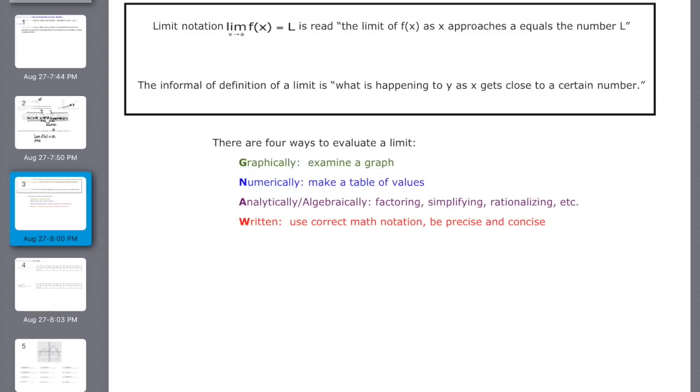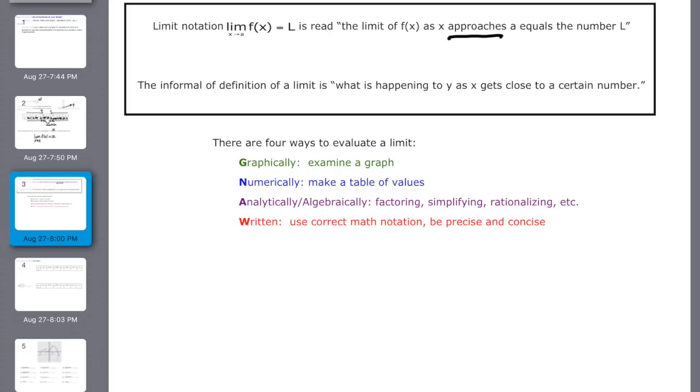Okay. So kind of the way I wrote the last one, just kind of a general idea, says the limit notation, the limit as x approaches a of f of x is equal to L, is read, the limit of f of x as x approaches a equals the number L. The limit equals L, not the function.